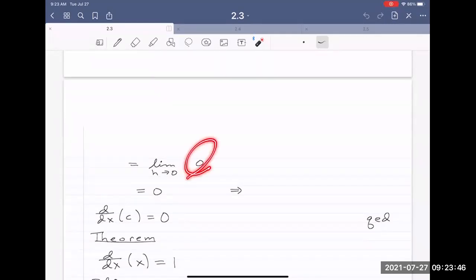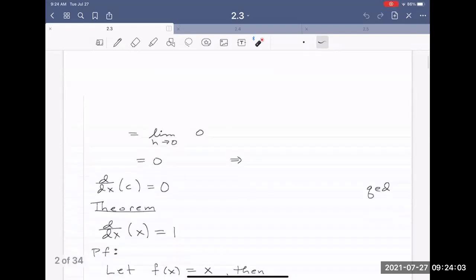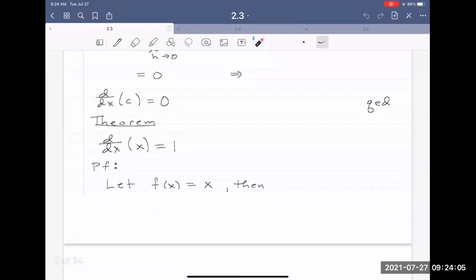Well, as h goes to 0, 0 remains 0. So this is equal to 0. Therefore, the derivative of any constant is just 0. Any questions about that?